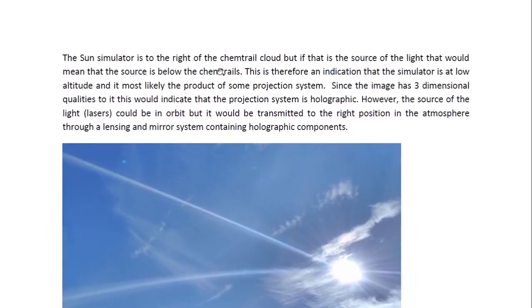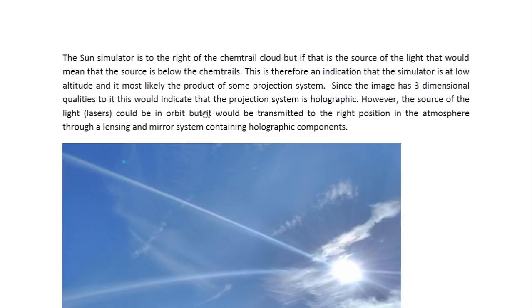Now the sun simulator, as I said, is to the right of the chemtrail cloud. But if that is the source of the light, that would mean that the source is below the chemtrails. In other words, the sun simulator would have to be below the clouds. And this is an indication that the simulator is at low altitude, and it most likely is the product of some projection system.